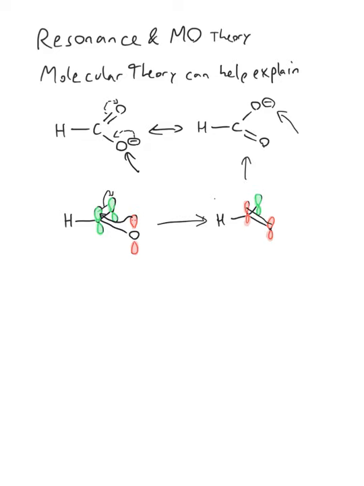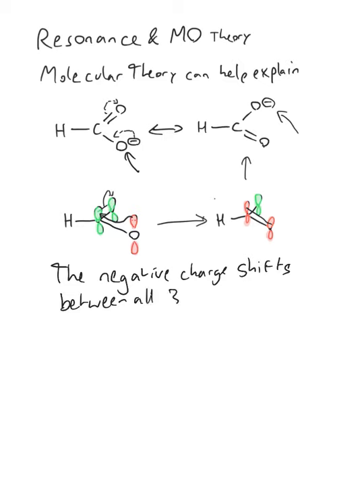All right, we are observing the negative charge, or the electrons, shifting between all three p orbitals, or as you would say, the pi orbitals.